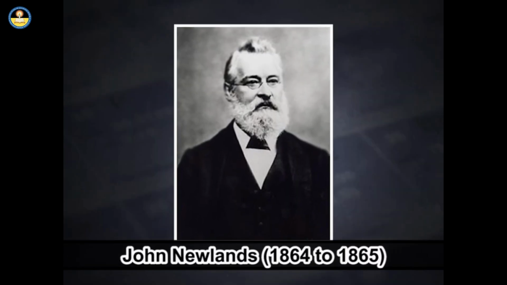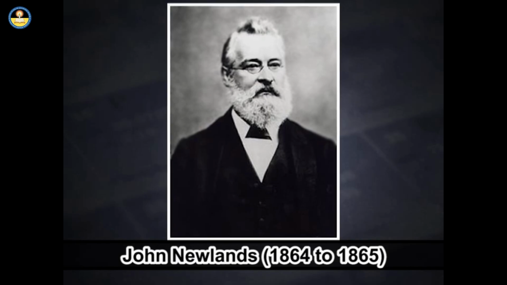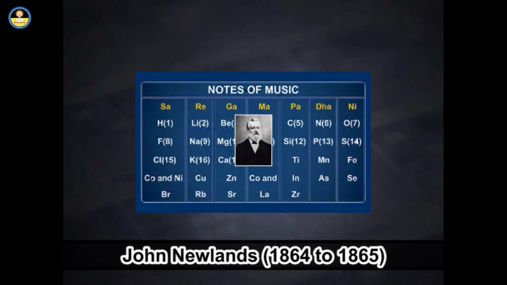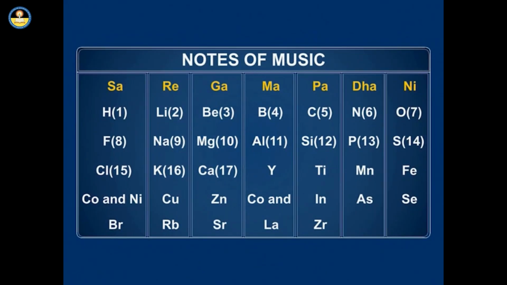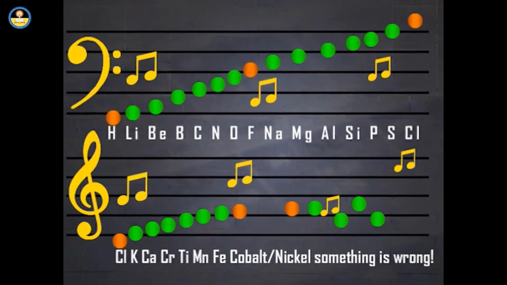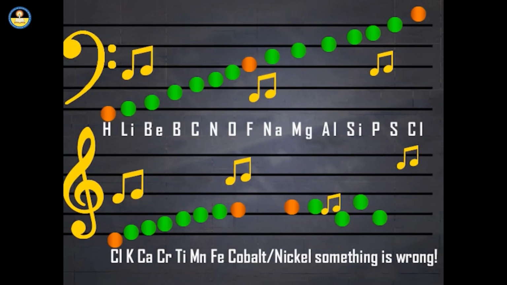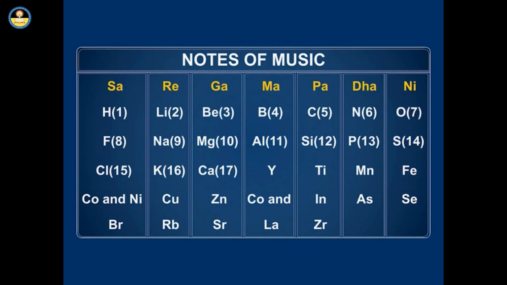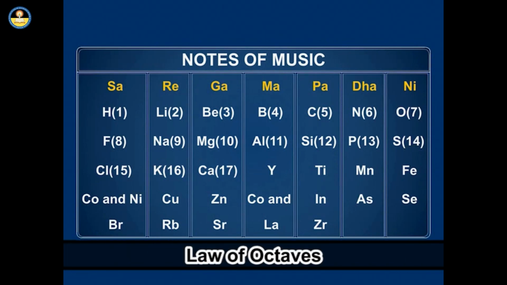From 1864 to 1865, John Newlands arranged the known elements in order of increasing atomic masses. Elements with similar properties recurred at every 8th element. This was known as the law of octaves.